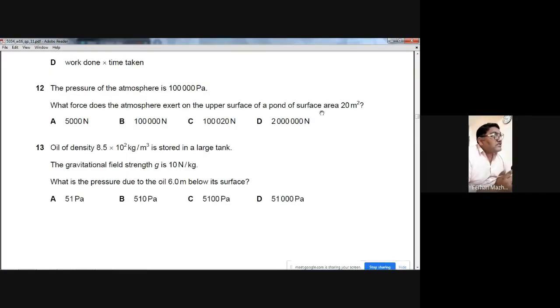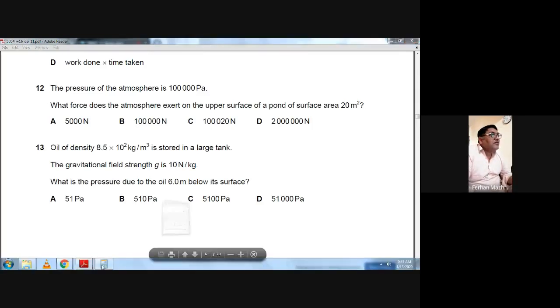What force does the atmosphere exert on the upper surface of a pond of surface area 20? You know, the pressure is equal to force divided by area. If you want to calculate the force, it will be equal to pressure multiplied by area. So let's take our calculator out.